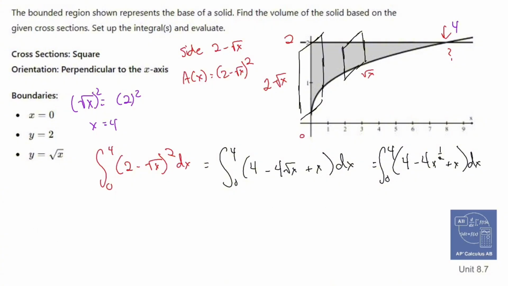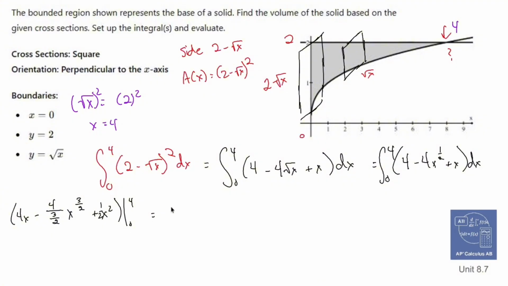All right, so breathe in, breathe out. We have the integral of 4, which is 4x. We have the integral of this guy, which is going to be 4 over 3/2 x to the 3/2, plus 1/2 x squared, with limits at 0 and 4.